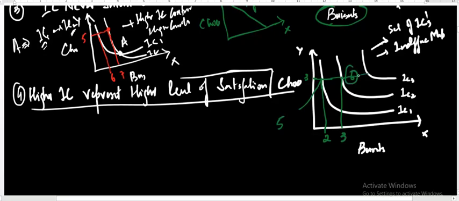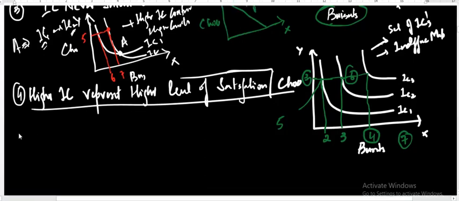If we move on over here, let me consider this is 4. So in indifference curve 3 there are 7 commodities in total, which means that if there are more commodities, there will be more satisfaction. So the higher the commodities, the higher the indifference curve, the higher is going to be the satisfaction.